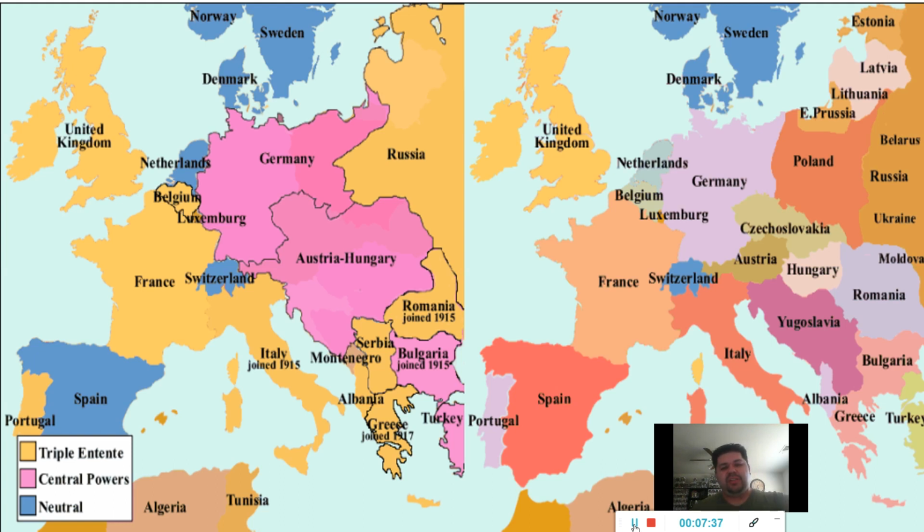Look how Austria-Hungary looked on the map before World War One, and now look at it afterwards, and you can see that they lost a large chunk of their country. Germany lost some parts. It became Poland. You got East Prussia, Lithuania, Estonia. You got Romania. Bulgaria looks a little bit bigger, just a tad bit. Yugoslavia, like I said, just bam, right there for you. Another country.